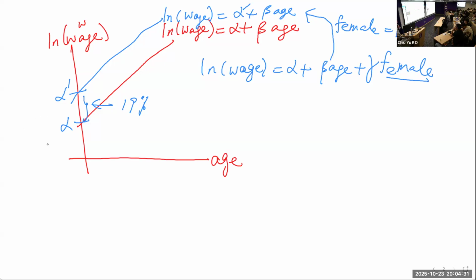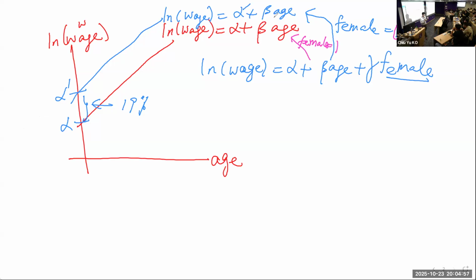And if female is 0, female is 1 is here. 0 will go above, right? So when you estimate this model, you estimate 2 lines with a constant gap, and you capture what we call the general difference.